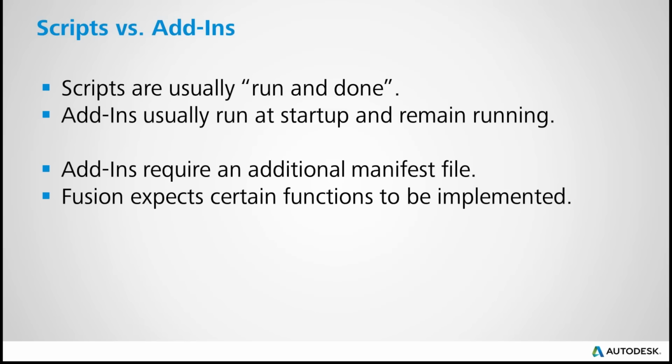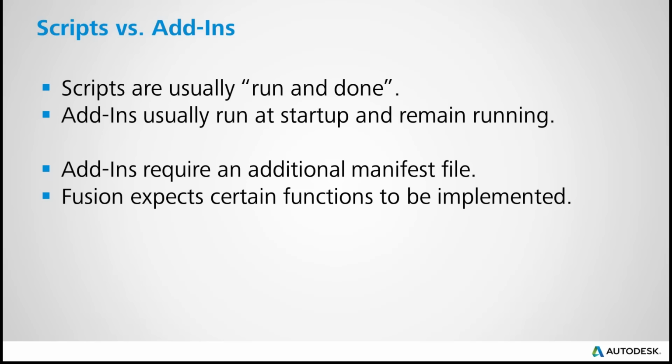So with add-ins, there's a little more overhead in building one. It requires a manifest file, just a small little JSON file that has information about the add-in. So what's the name? Does it automatically load at startup? Some other information, description. And in the code itself, Fusion expects that you implement certain functions.